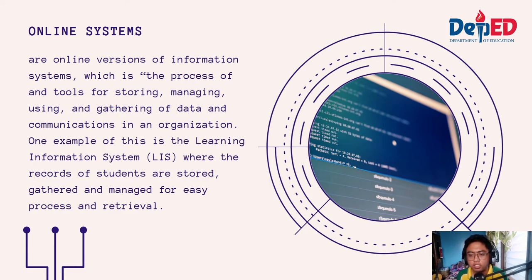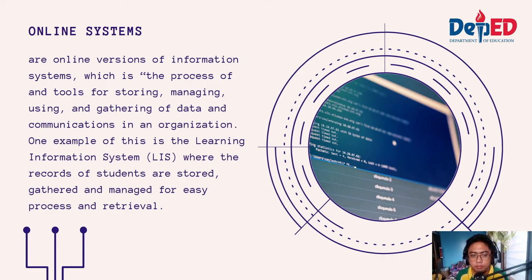If you're a student of that organization or that university, you are within the system. If you will borrow a book, you can search there for the title of the book, and you can borrow it if it's available. If not, you can look for different references. Okay, that is an online system.